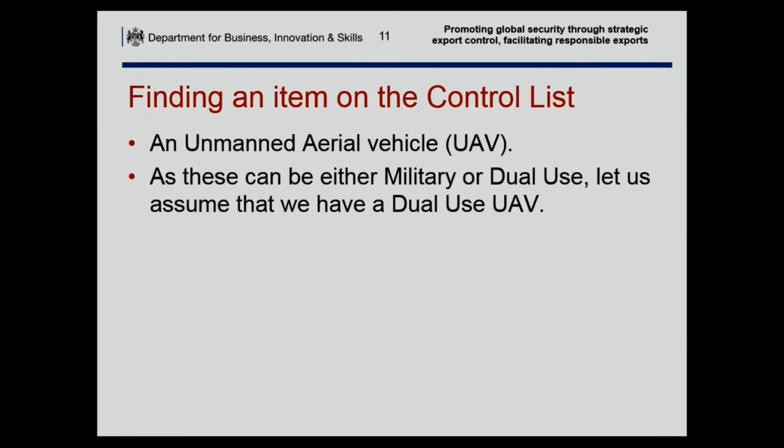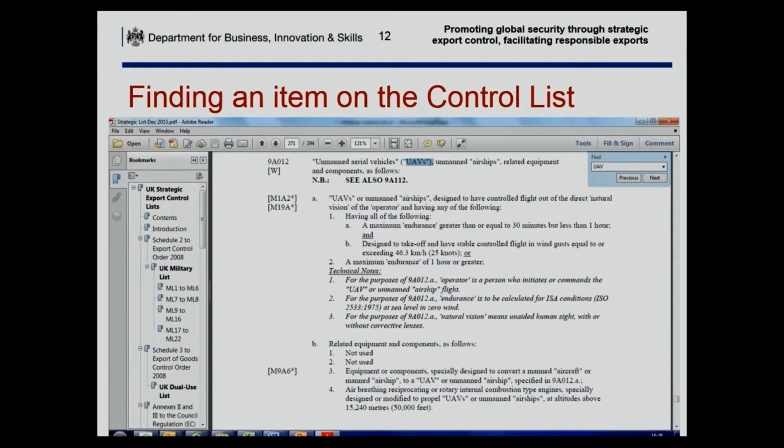And if we go to the next slide, we can see that I've done a search on the PDF list, and I've searched on UAV. Seemed like a reasonable keyword to use, and it's found it. This isn't the first entry that it would have found.